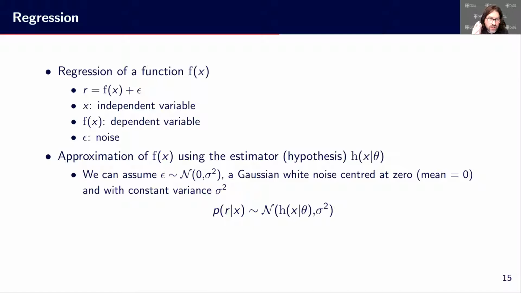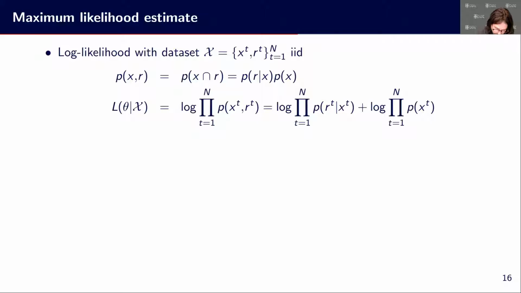In such a case, we can say that the prediction we are making based on x for r follows a normal distribution that is centered on the h function that we are looking for, with a sigma that corresponds to the level of noise. This gets us to some approximation of our function for regressing it.